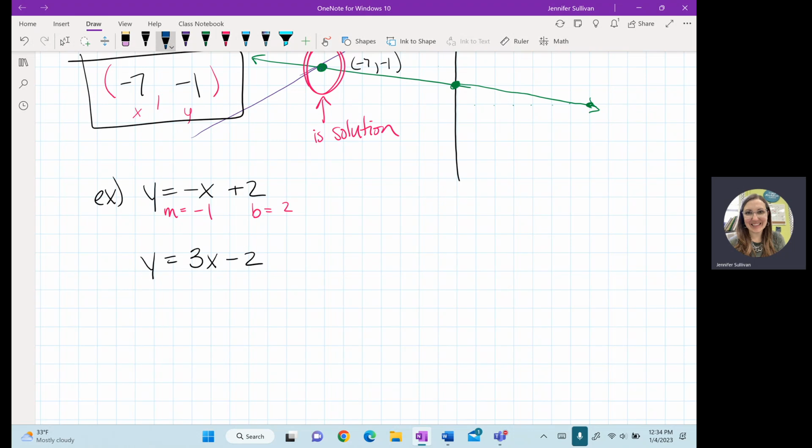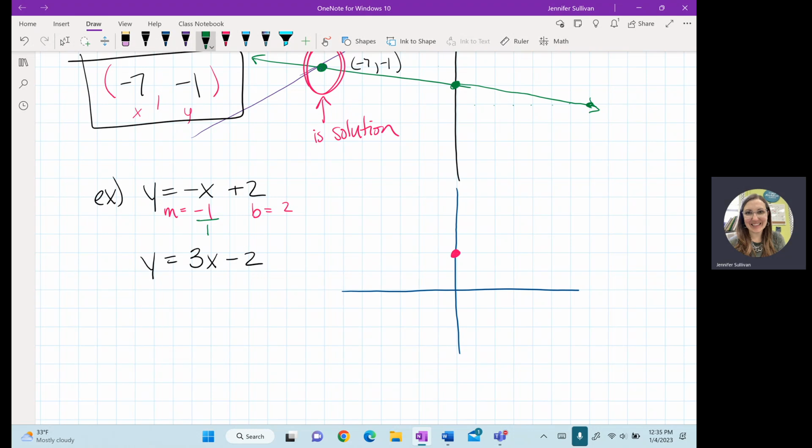So when I graph the b first, we're going to go to 2 on the y-axis, and I'm going to put a point. And then my slope over here is -1. And remember, you can put that over a +1. Anytime you have a whole number, you can put it over a +1.